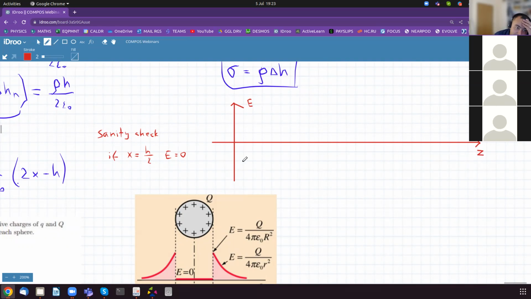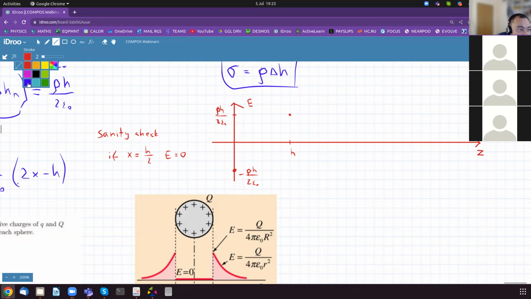So at the bottom, it's going to be negative because it's down, and the value is going to be minus rho h over 2 epsilon naught. So when z is equal to h, it's going to be positive, the same value but positive, rho h over 2 epsilon naught.